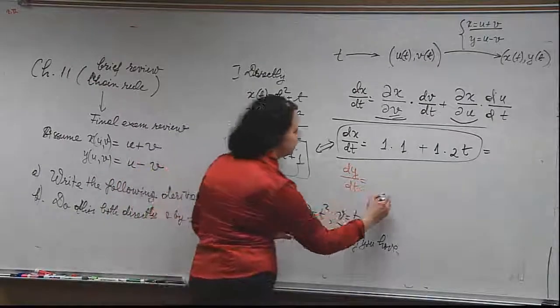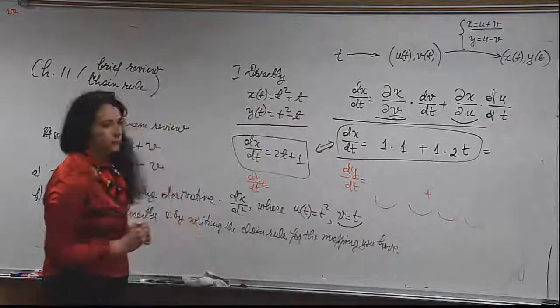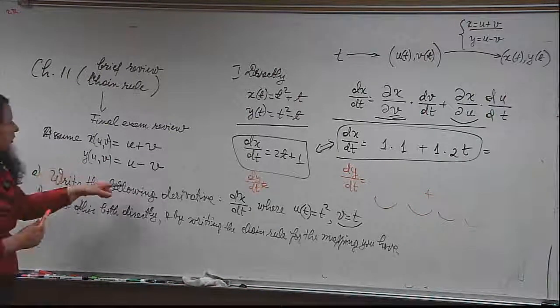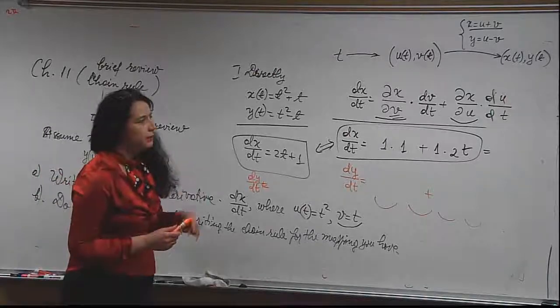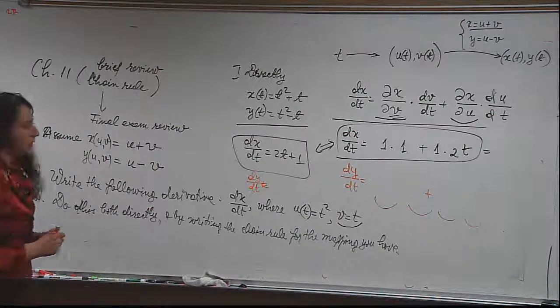First you write explicitly these. So what do you have? dy, del y, del u, du dt, plus del y, del v, dv dt. I'm not going to write it down, you write it down.